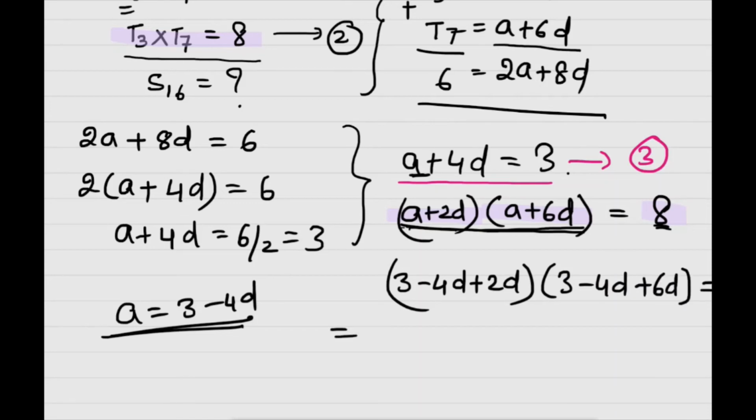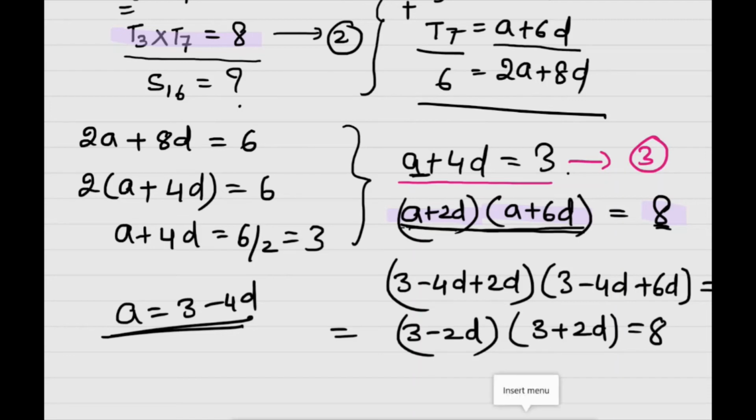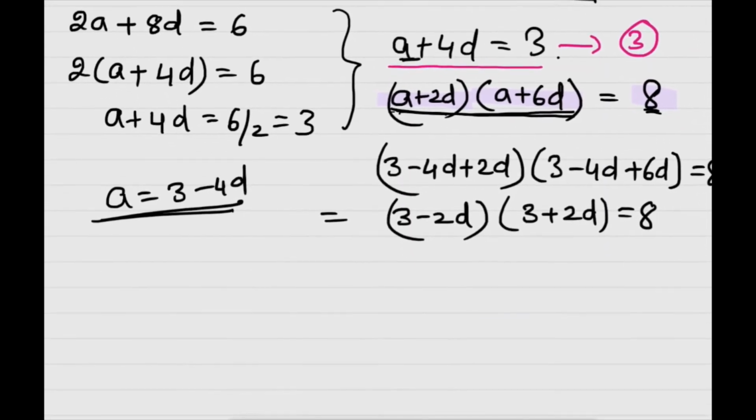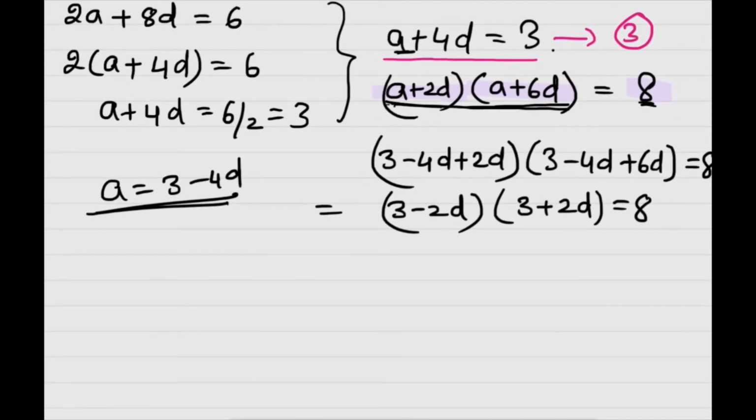Now see, minus 4D plus 2D will give you minus 2D. So 3 minus 2D into 3, see 3 minus 4D plus 6D. So 3 plus 2D will be equal to 8. Now if you identify here, you have the identity A minus B into A plus B. So this implies A square minus B square, that is 3 square minus 2D square is equal to 8.